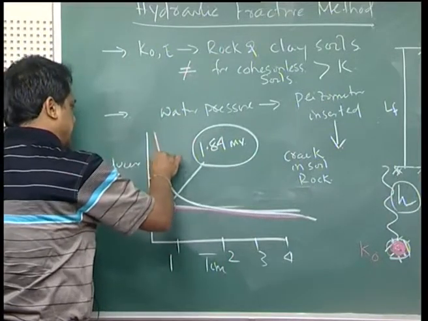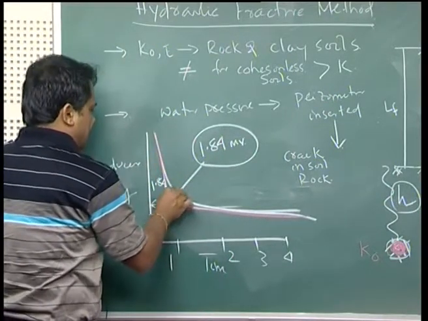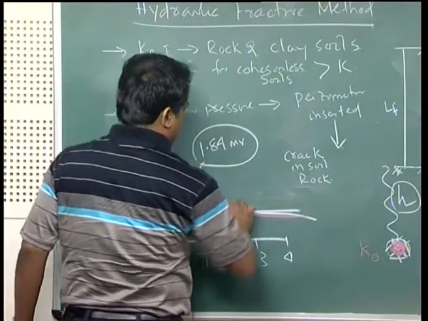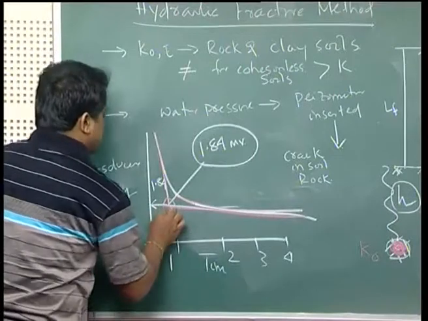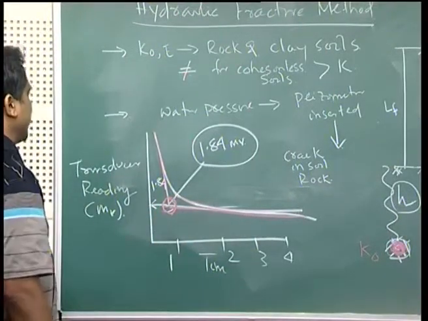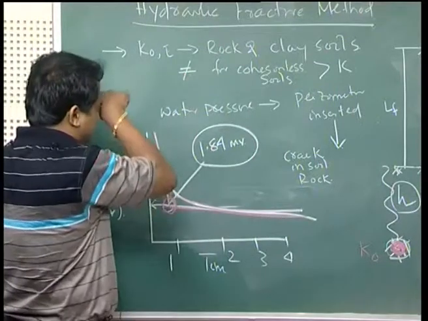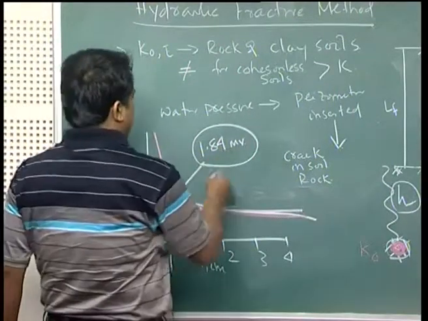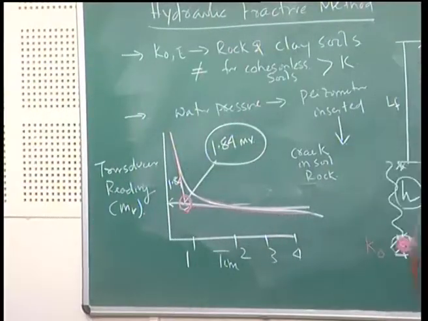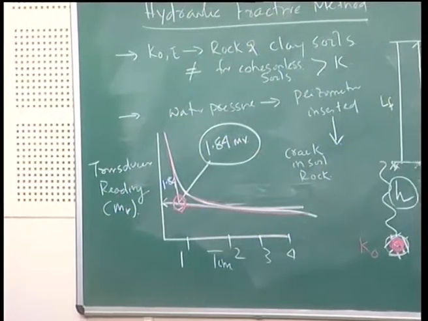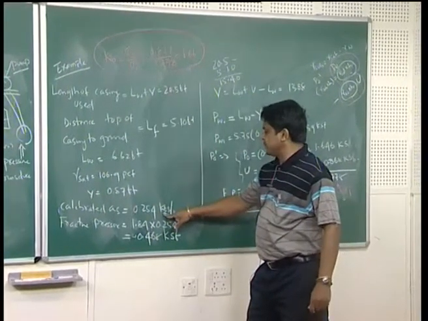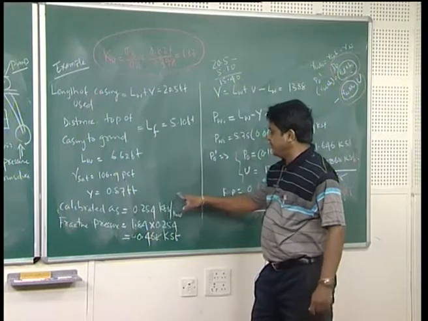Pressure increases up to a certain point, then it either starts decreasing or remains constant. So this point is nothing but your fracture point. That gives from this graph 1.84 mV. Now this calibration curve says 0.254 kips per square feet per mV.